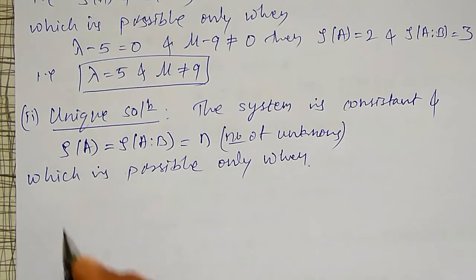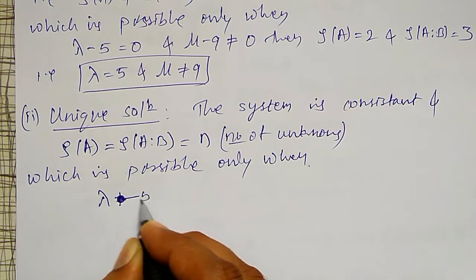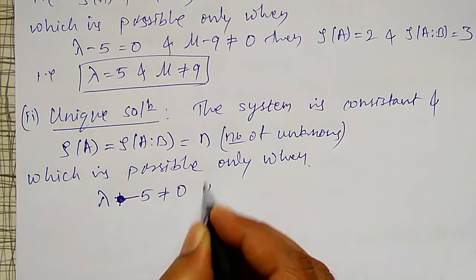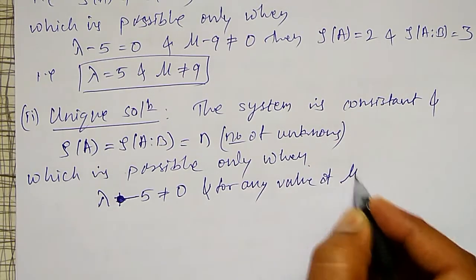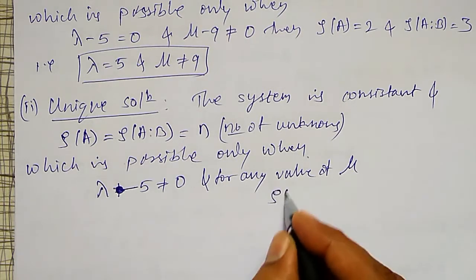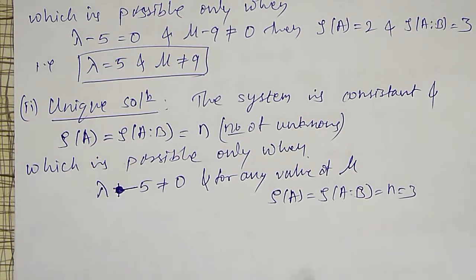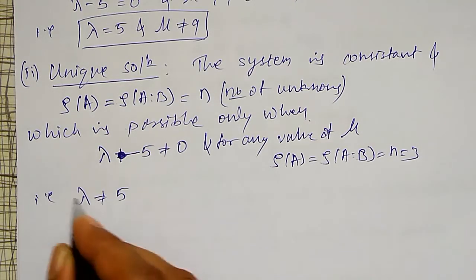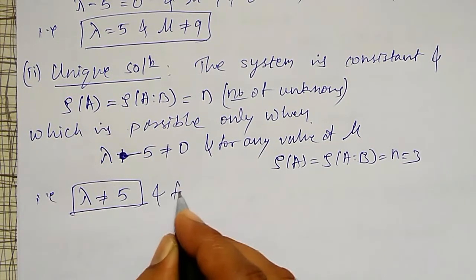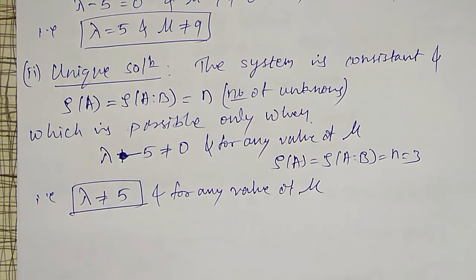That is, lambda must not be equal to 5 and, for any value of mu, rank of A is equal to rank of A colon B equal to n equal to 3. Whatever value mu may take, lambda must not be equal to 5, that is the case.